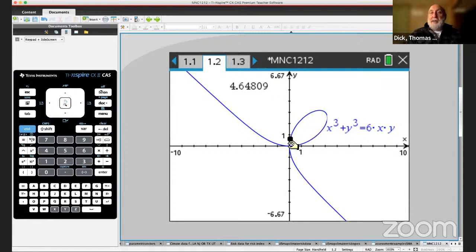But here are some large positive slopes, because very nearby I'm on that loop. We can move this point along the curve and see any of these numerical slope values. And that's going to work on the TI-Nspire machines, both CAS and non-CAS.